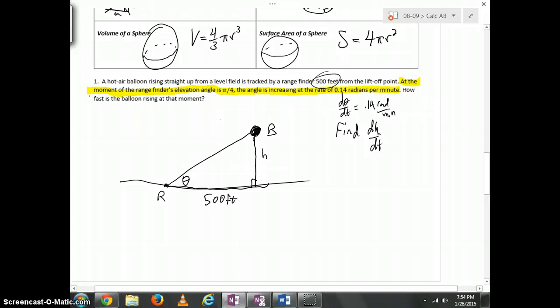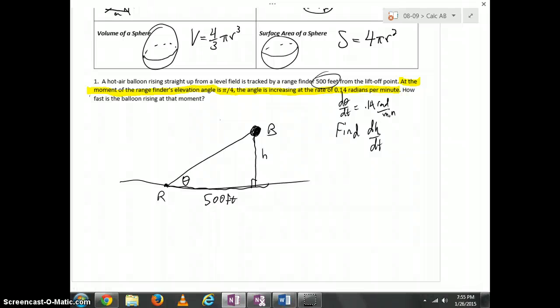But suffice it to say, once you've labeled your picture, you've written in what is constant, what it is that we're given some information about, a momentary information about an angle, so we need a general angle, theta. We know that we're asked to find the rate of change in the height, how fast the balloon is rising. That means that h is a part of this problem as well.